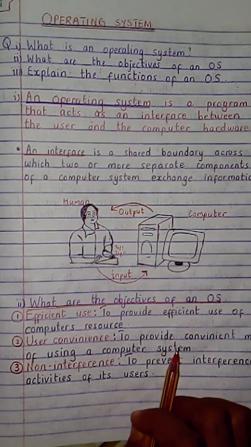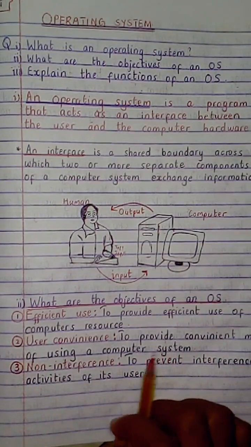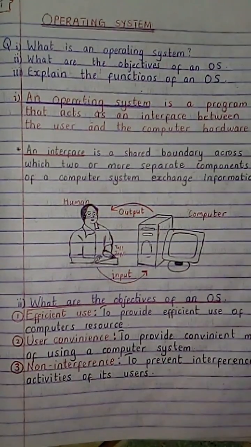And because most modern computers are multi-programming, they can do more tasks at the same period of time. So that's why you see the operating system will allow you to do other jobs while the computer is doing another jobs in the background.